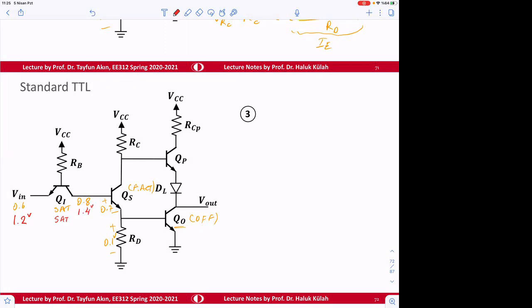The voltage here is going to be 0.7, and this voltage will become 0.7 again. Then QO starts turning on.